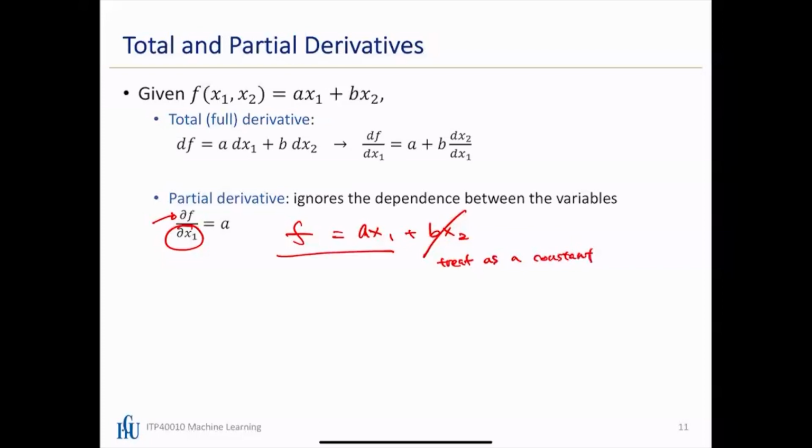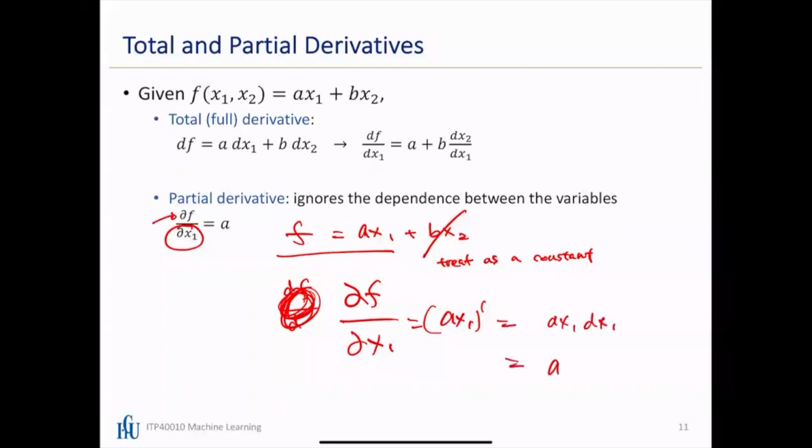And you only consider these two in the derivative. To be more correct, I should use round. Simply, you're taking dx1, so simply a. And for the second, dx2 of bx2, it's going to be b.